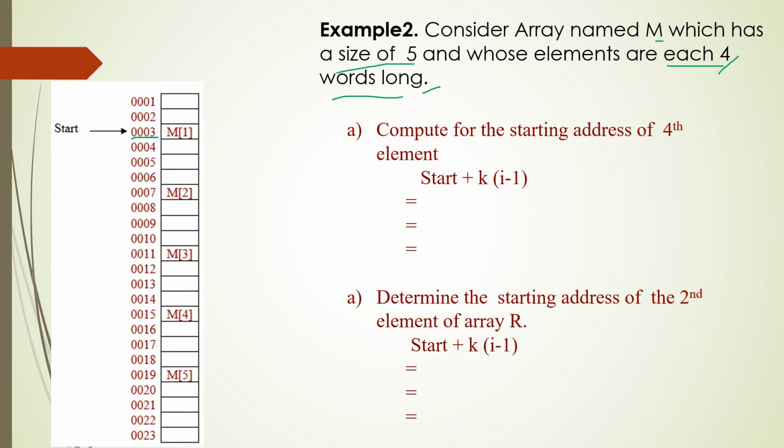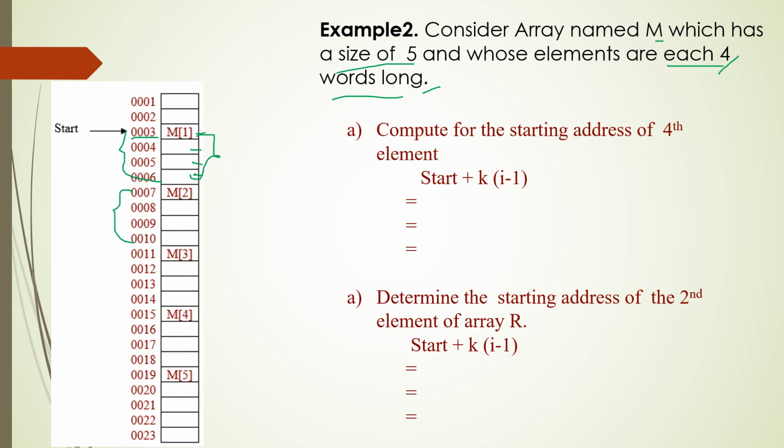So therefore, M sub 1 is from 0003 up to, so we will assign 4 words for this element. So 1, 2, 3, 4. So that means from 0003 up to 0006 is for element M1. Okay? And then element M2 is from 0007 hanggang 0010.